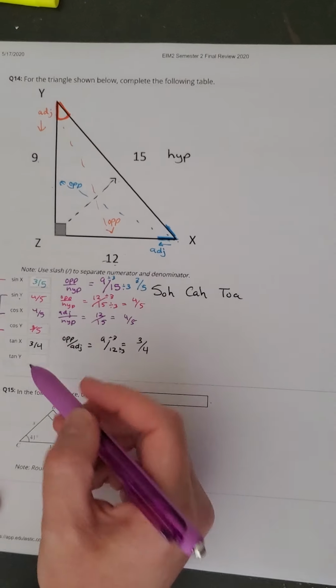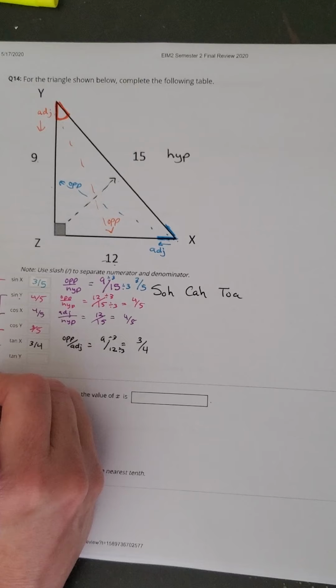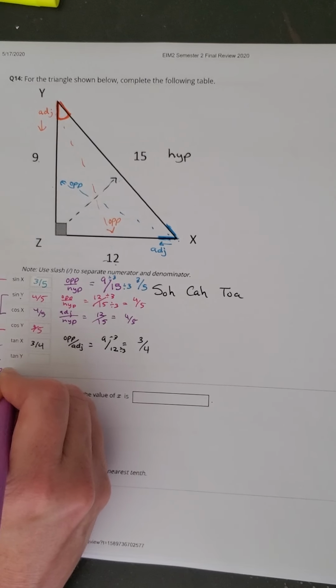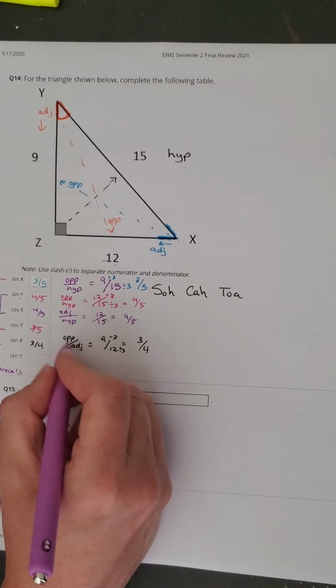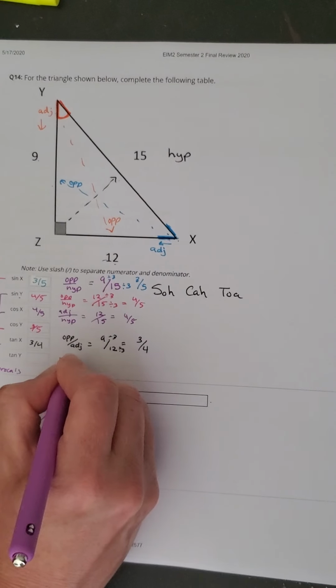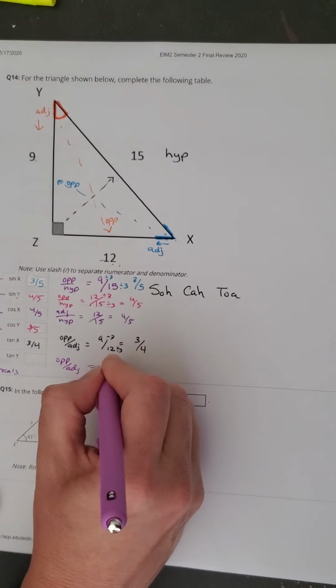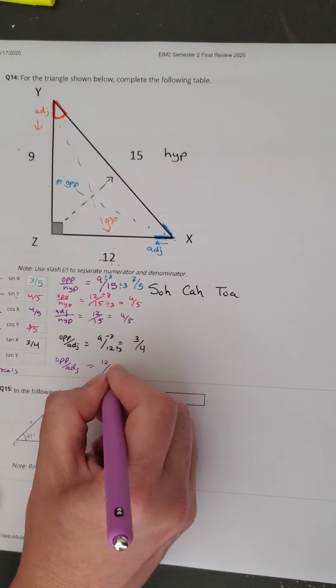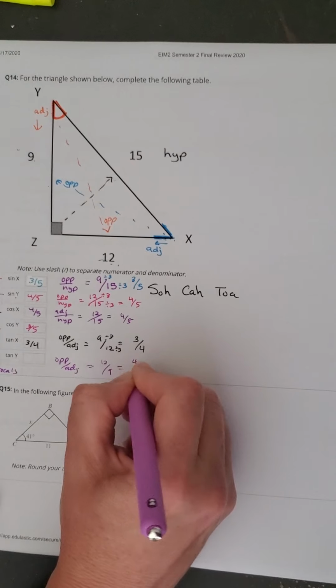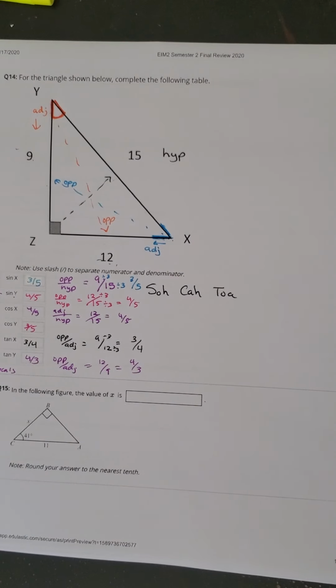And then what happens with tangent x and tangent y is that they're reciprocals, because if we're standing at y, opposite over adjacent would be 12 over 9, which is 4 over 3. And so tangent from the two angles flip-flop.